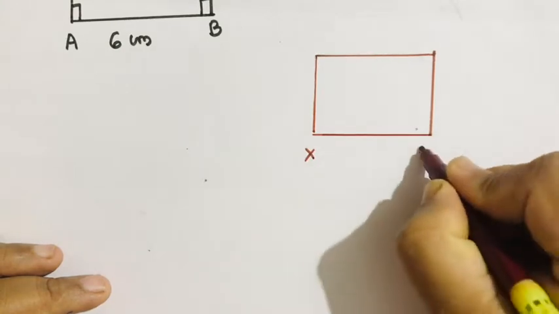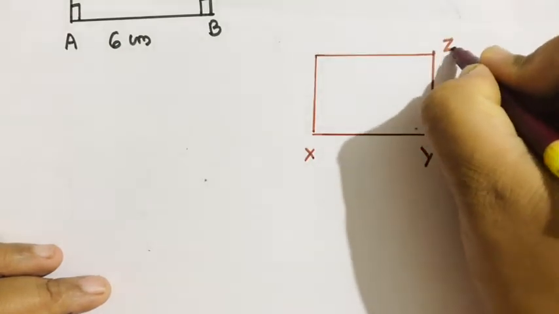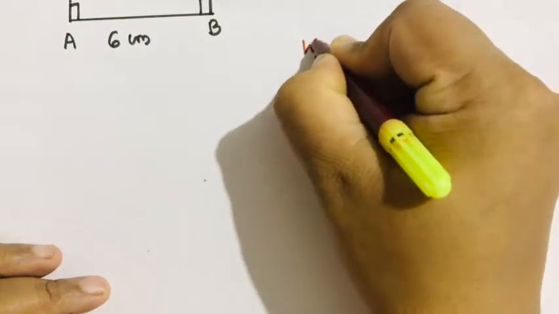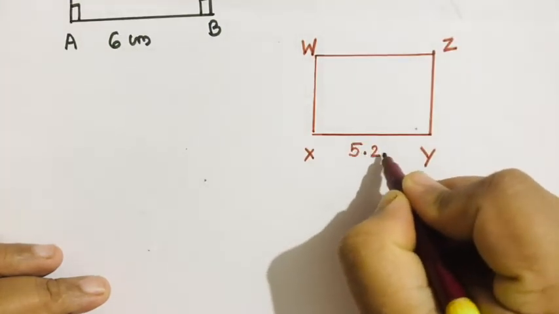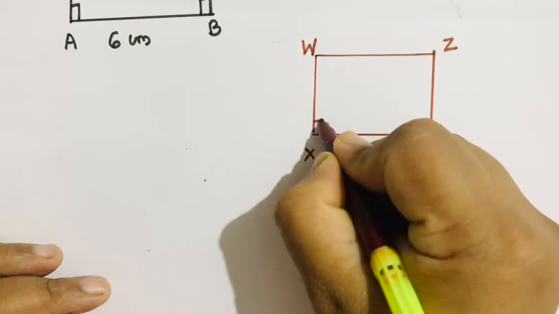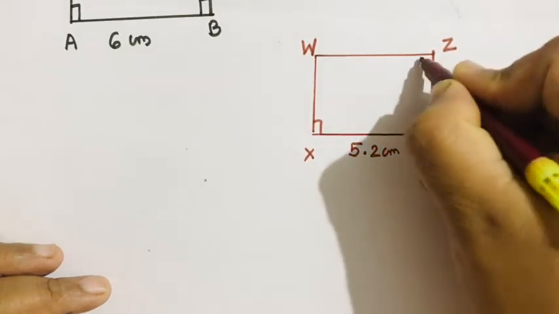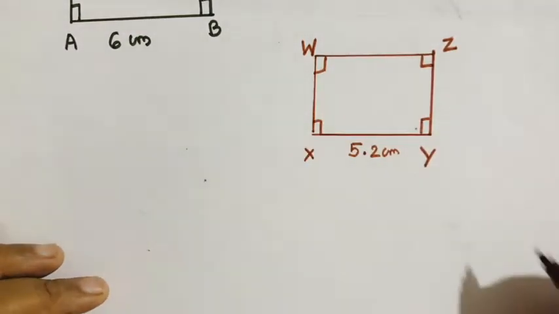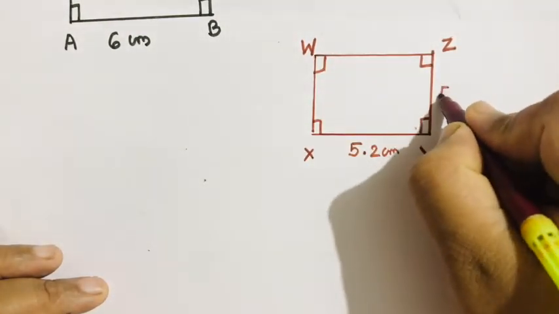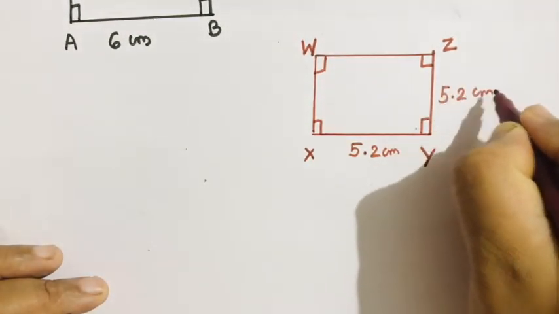XYZW is a square and side of the square is 5.2 cm. In this square also all angles are 90 degrees and all these sides are 5.2 cm.